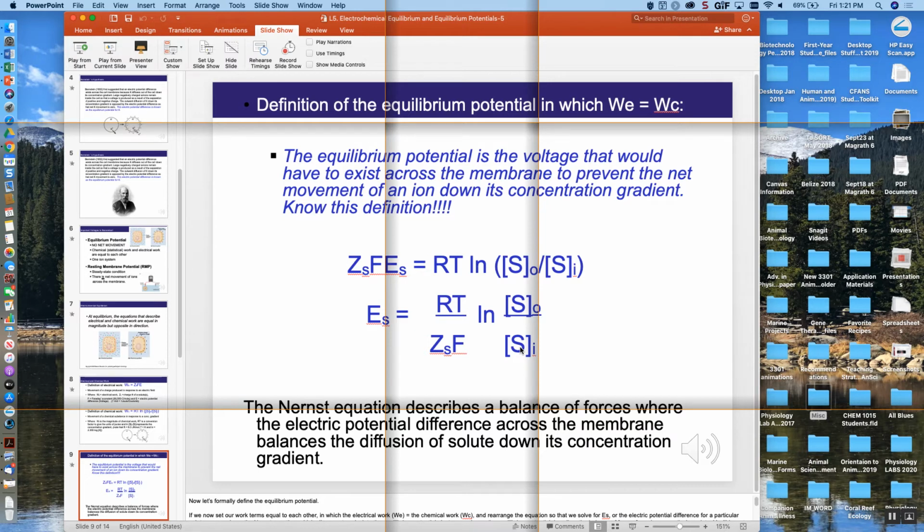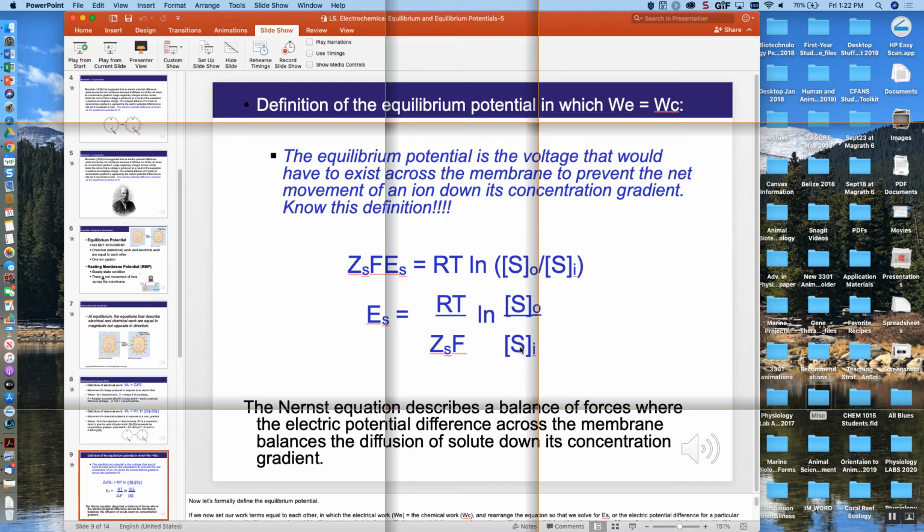We're trying to figure out what is the equilibrium potential for chloride. So the way I set this up, and let me know if I'm wrong: the equilibrium potential for chloride, which has a charge of -1, is equal to 8.3 joules per mole Kelvin, multiplied by 37 degrees Celsius, so you add 273, which gives us 310 Kelvin, over what's the Z? -1, right? -1. 96,500 coulombs per mole.